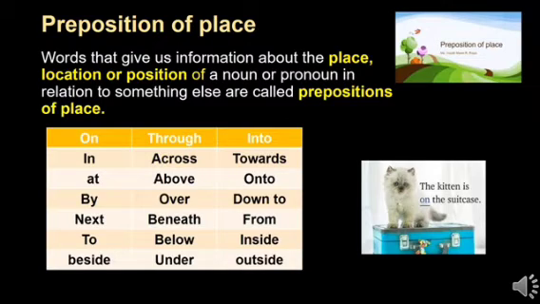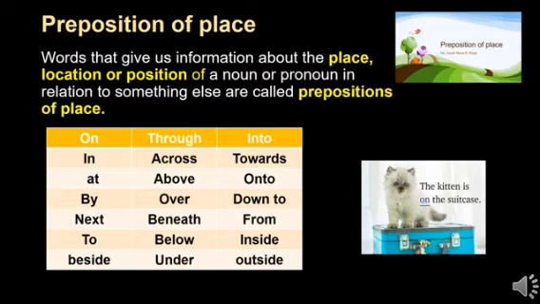So, words that give us information about the place, location or a position of a noun or a pronoun in relation to something else are called prepositions of place. I repeat it. Words that give us information about the place, location or position of a noun or a pronoun in relation to something else are called prepositions of place.